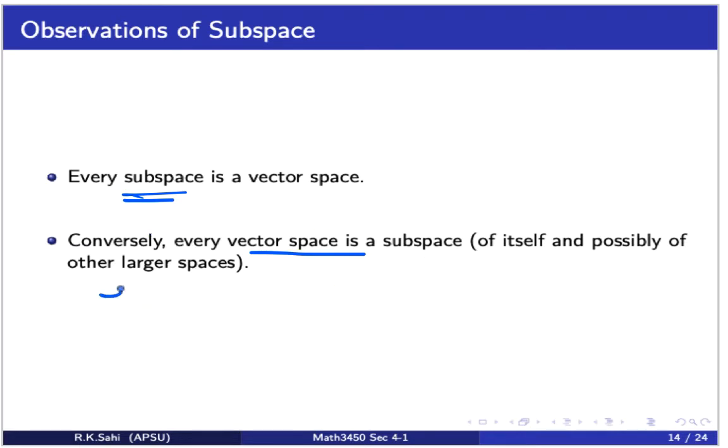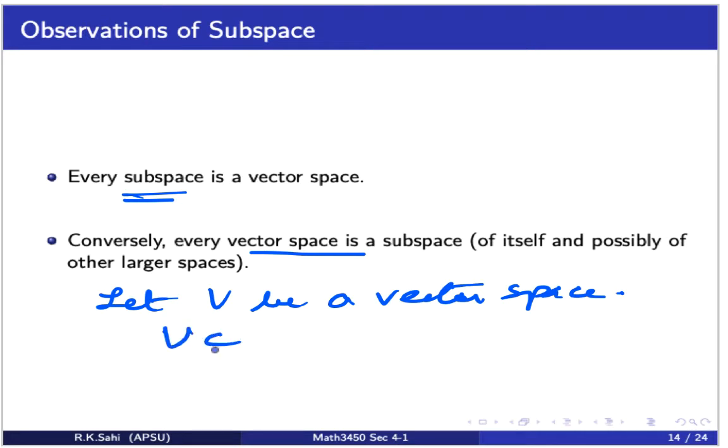The reason is this: let V be a vector space. V is a subset of V. Then the zero element belongs to V. If I take two elements U and V, then U plus V belongs to V because V is a vector space.